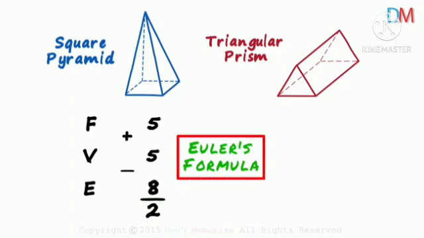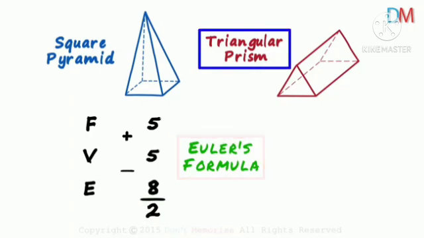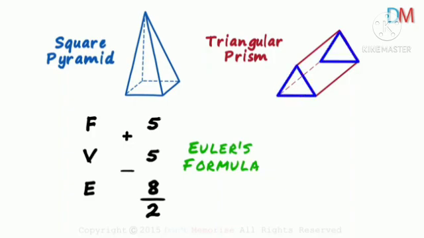Will Euler's formula work for the triangular prism too? Why don't you give it a try? Okay, so how many faces? 2 triangular faces at the ends and 3 rectangular faces in between. 5 faces.